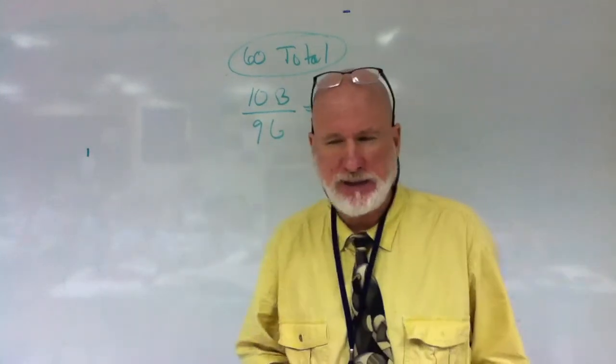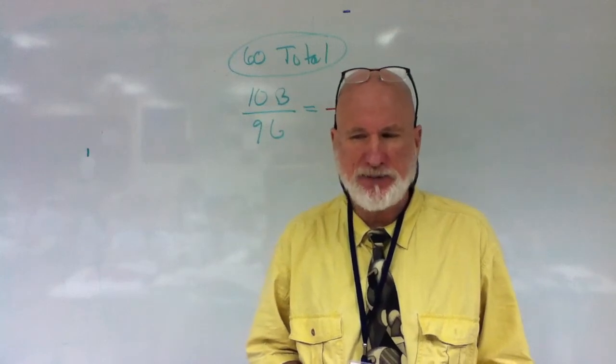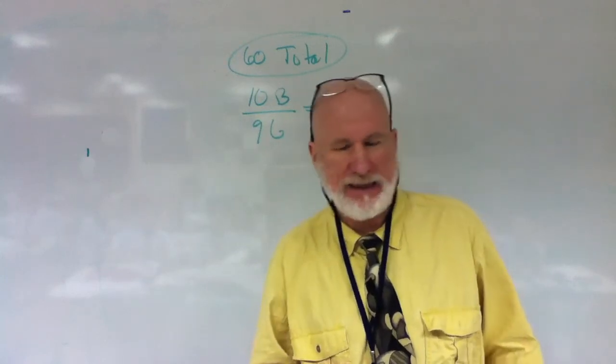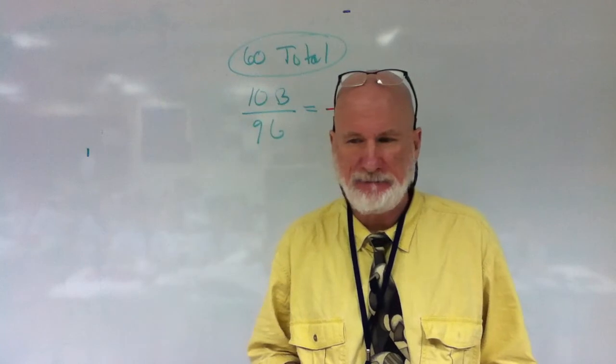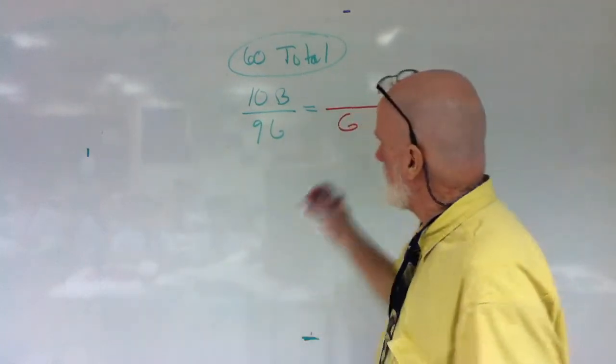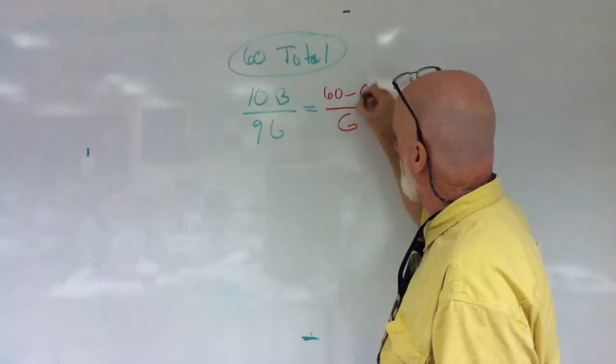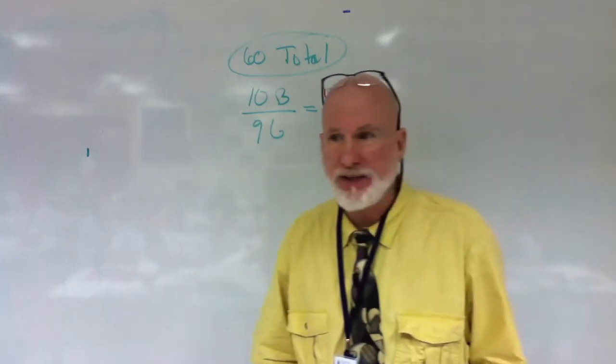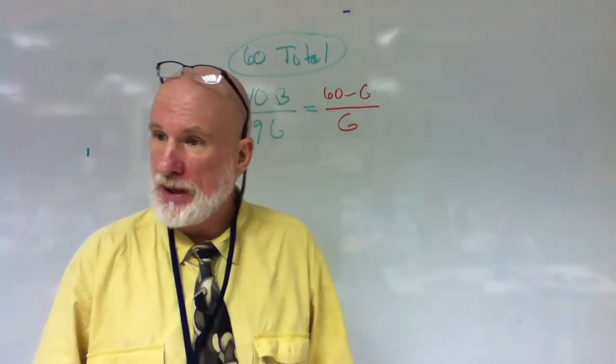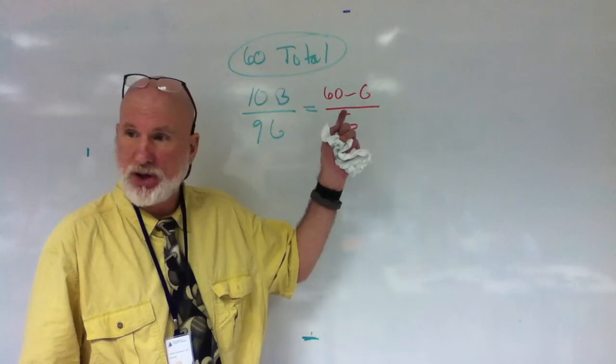I subtract G and 60. You need to be more specific. Is it 60 minus G or G minus 60? 60 minus G. That's absolutely correct. Now notice that the number of boys is written in terms of the number of girls.